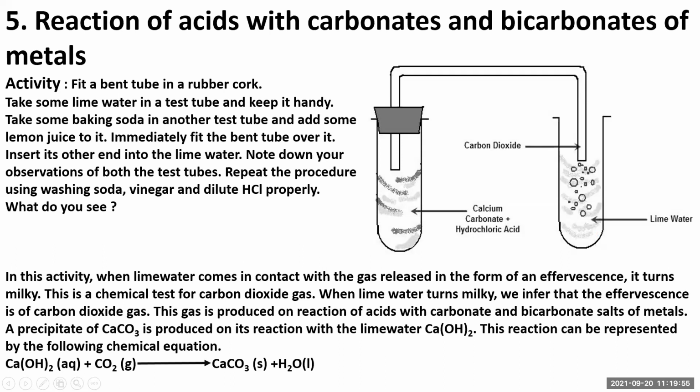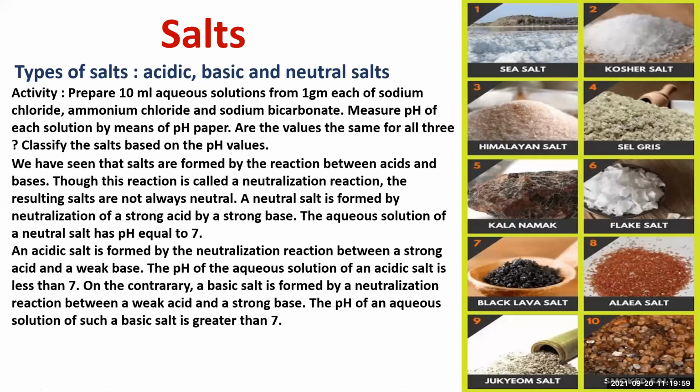In another topic, we discussed salts. The salts may be of various types like acidic salt, basic salt, neutral salt. We obtain acidic salt when the reaction occurs between a strong acid and a weak base, and when a weak acid is reacted with a strong base, we obtain basic salt.